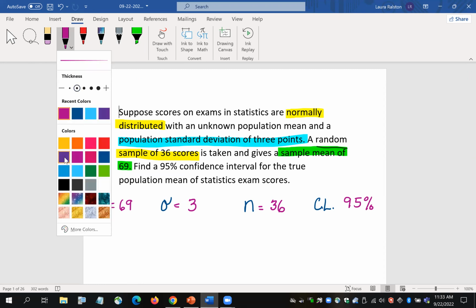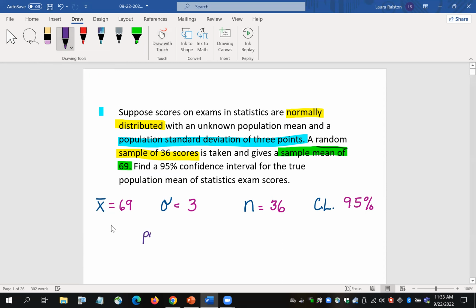Now, let me remind you that the way we calculate it, if we were doing it by hand, we would have our point estimate, which in our case is the sample mean. And we're going to add or subtract the error bound for the population mean, or the margin of error.